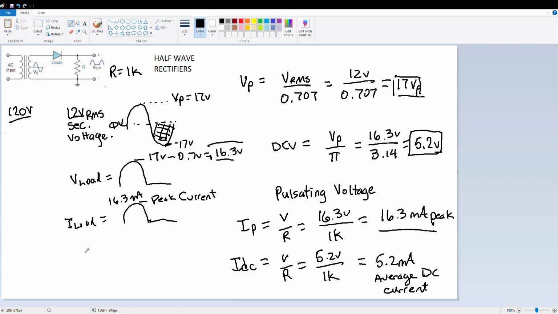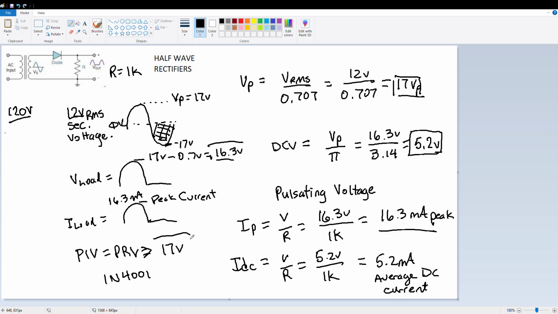So in this case, the diode PIV, peak inverse voltage, or PRV, peak reverse voltage, both are the same thing, must be greater than 17 volts. Now, in that case, we can use a 1N4001 diode, which has a PIV rating of 50 volts.